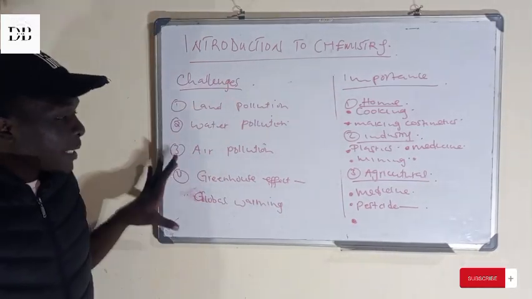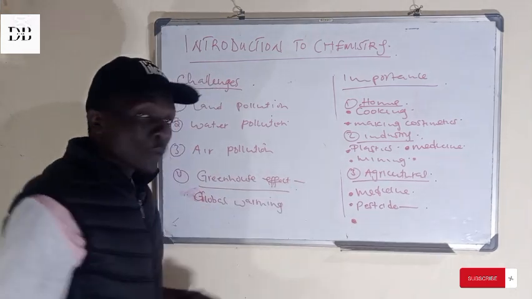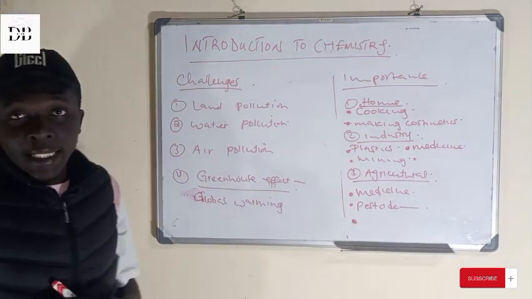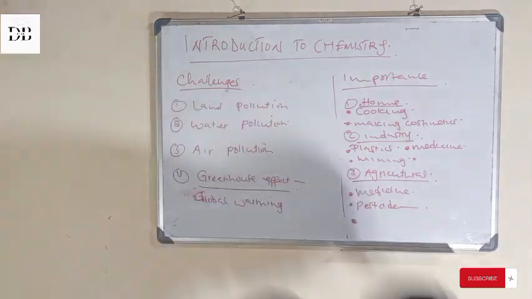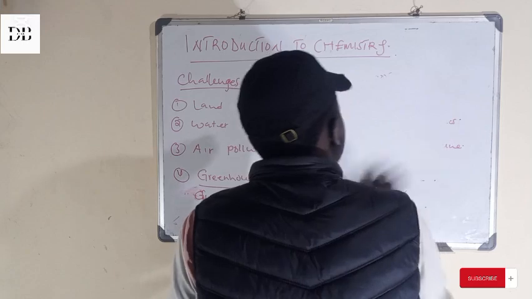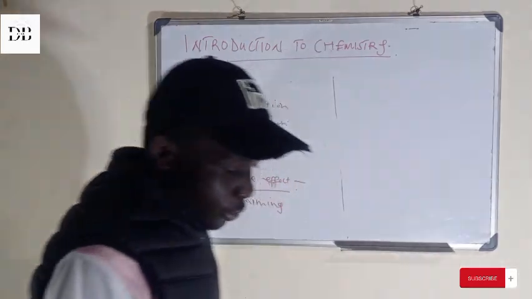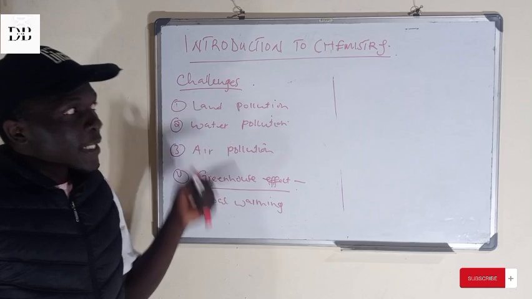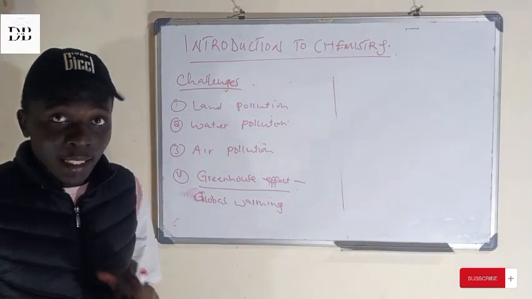To air pollution. This air pollution will now lead to what is called greenhouse effect, which will lead to global warming. Now, let me explain these two terms. Greenhouse effect is a situation where toxic gases occupy the atmosphere. Let me illustrate this using this diagram. Now we know that the atmosphere contains what is called the ozone layer, which prevents direct sun rays from reaching us, which may otherwise cause cancer.